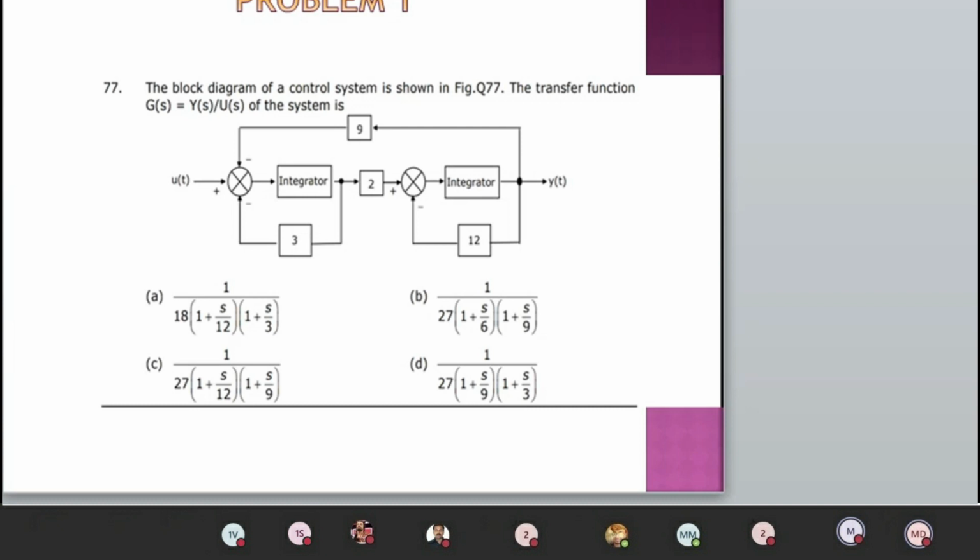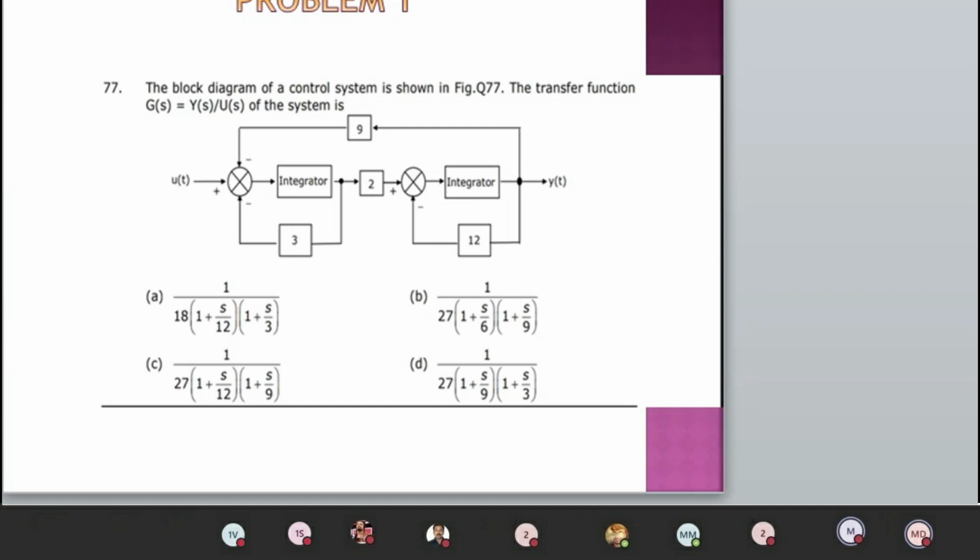You should know the Laplace transform for common functions: for a differentiator it is s, for an integrator 1 by s, and you should know it for inductor, capacitor, sine and cos. Understanding these will be extremely useful while working out problems in control systems.